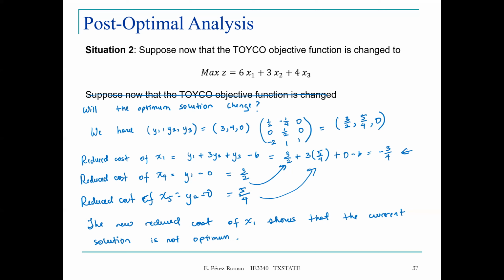So we will have to solve the problem again. We cannot take this shortcut to evaluate the optimal solution of the problem.